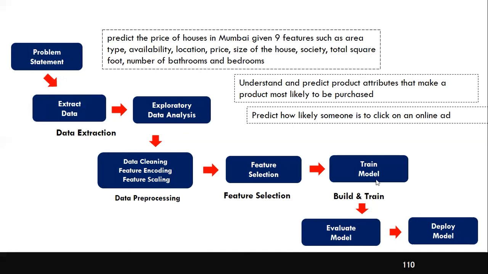Only the remaining 40% is spent to train and evaluate the model and deploy the model. So 55 to 60% of the effort is spent on data pre-processing only. This is pretty much the machine learning end-to-end life cycle.